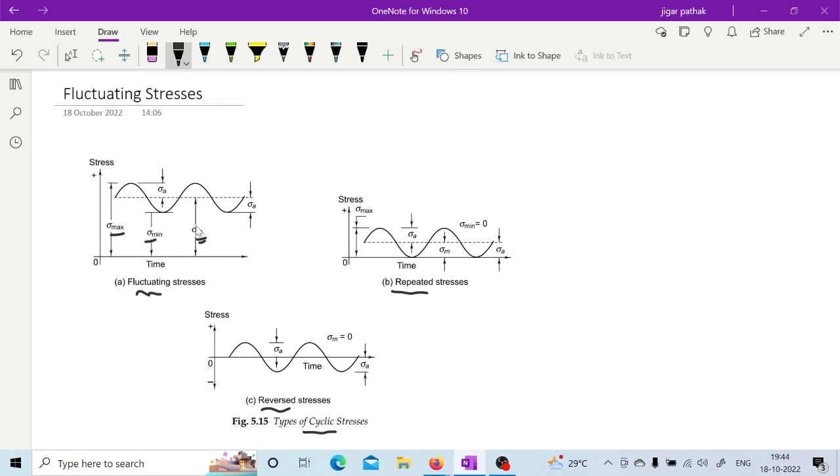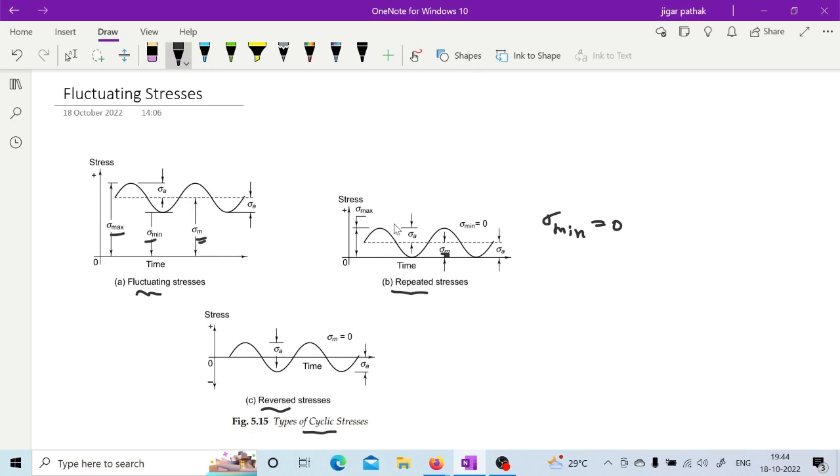Once you have understood fluctuating stresses, then you can see repeated stresses. In case of repeated stresses, again you will have fluctuation about this mean stress, sigma m. But here in case of repeated stress, minimum stress will always be 0.